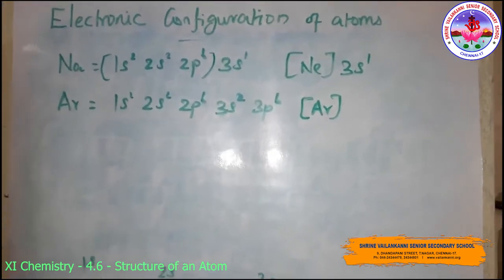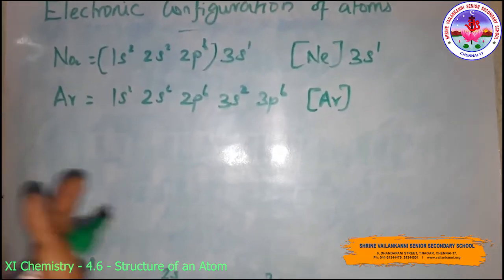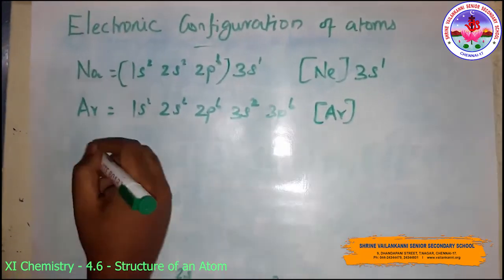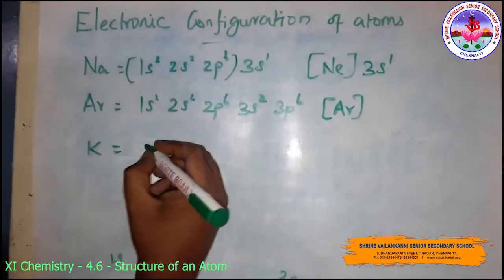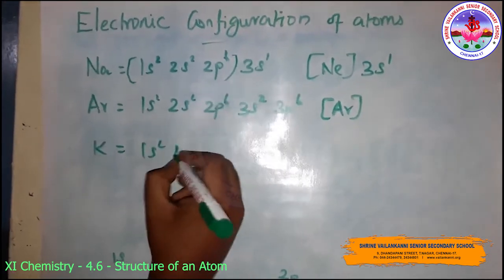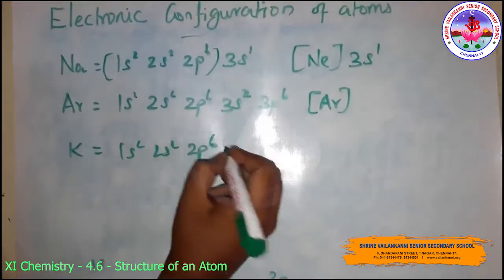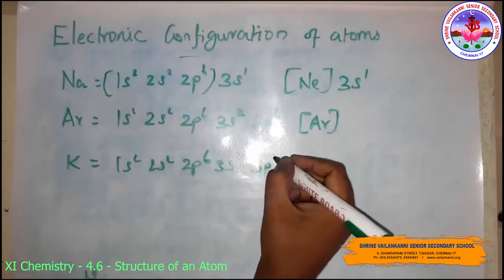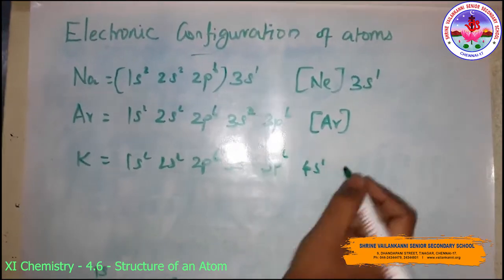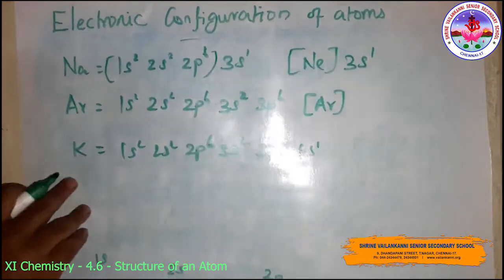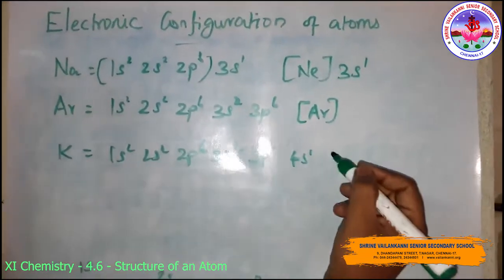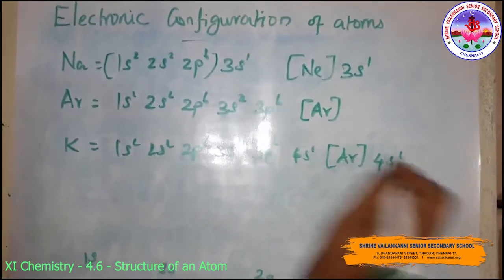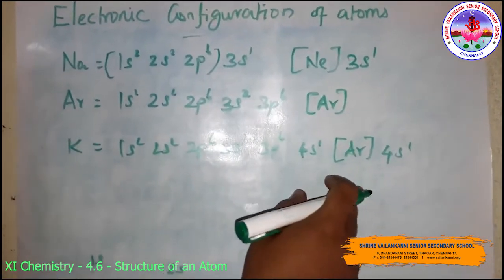Suppose the next element, potassium, you can write it 1s2, 2s2, 2p6, 3s2, 3p6, 4s1. Here you can write it as argon 4s1, the potassium electronic configuration, right?